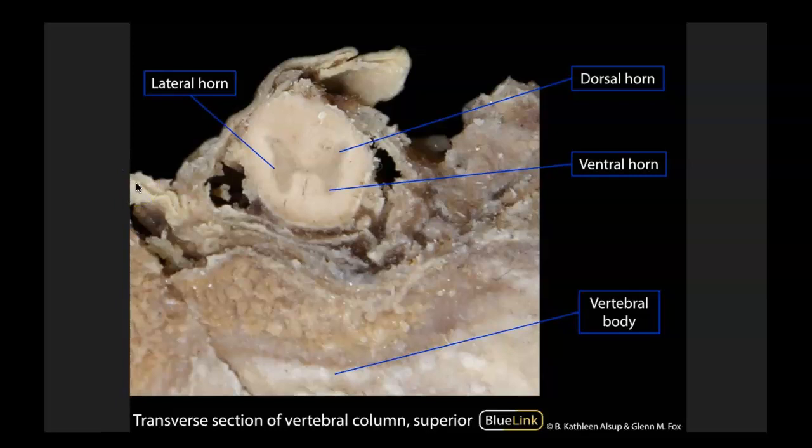So once we are able to orientate ourselves, we can see the dorsal horn, where we will find the terminal ends of the sensory neuron. We can also see the lateral horn, which contains cell bodies of your autonomic nervous system motor neurons. And lastly, your ventral horn, which will contain the cell bodies of motor neurons.